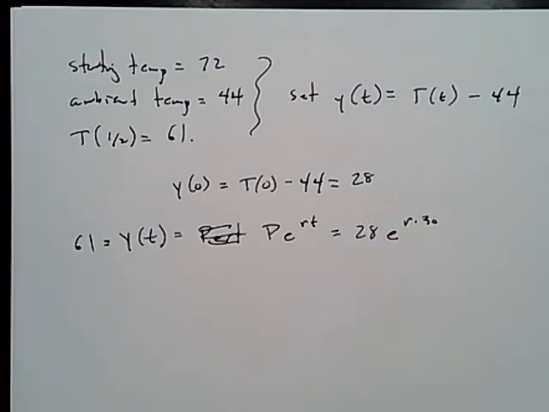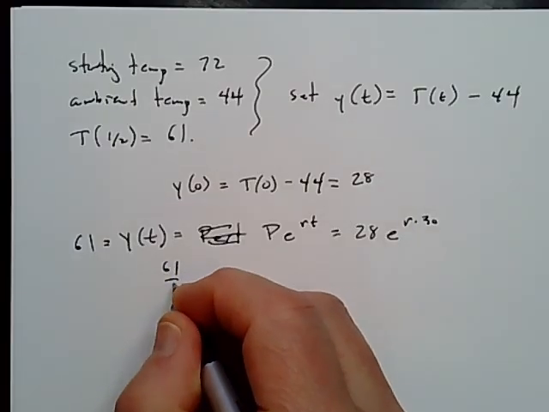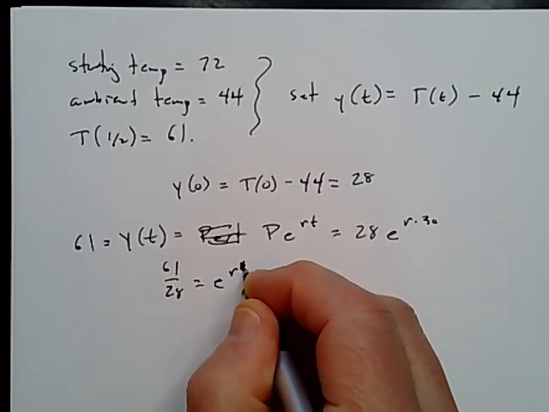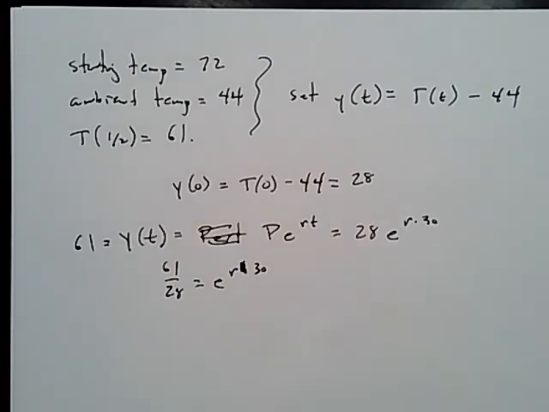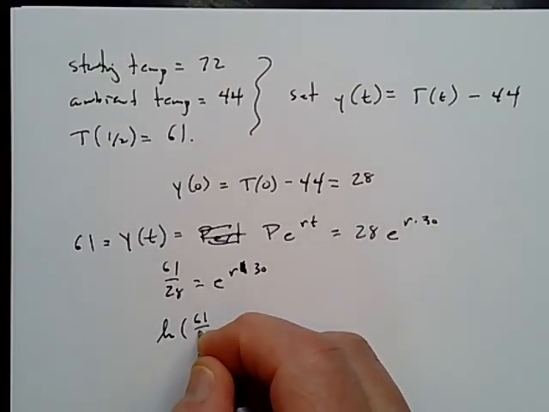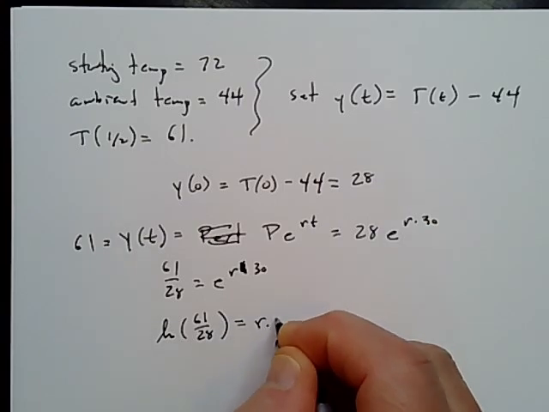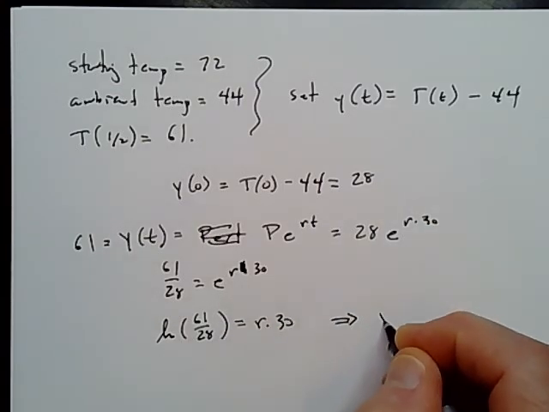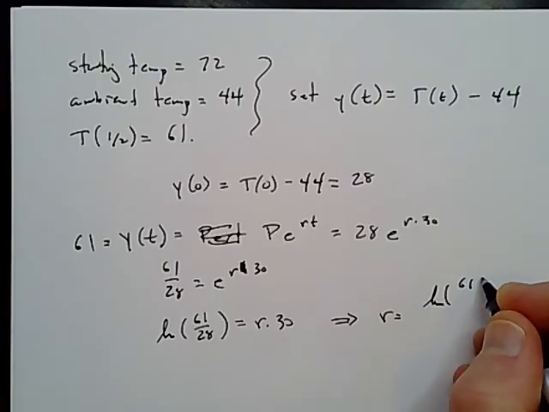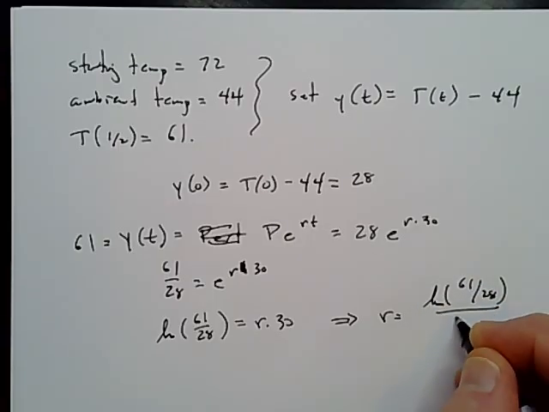Okay, so obviously I'm in a situation here where we've been before. 61 divided by 28 enables me to figure out r. 61 divided by 28 is e to the r times 30. I take the natural logarithm of both sides. Ln of 61 over 28 is equal to r times 30. So r is ln of 61 over 28, all divided by 30.